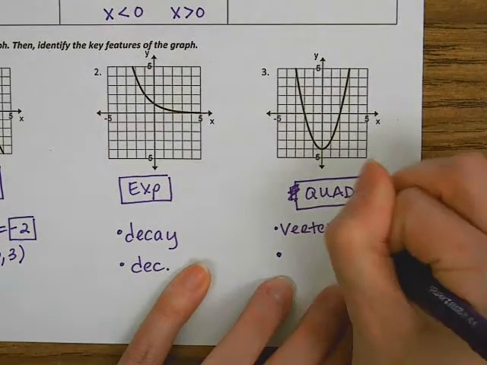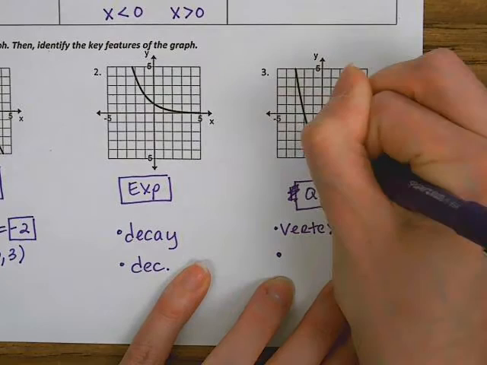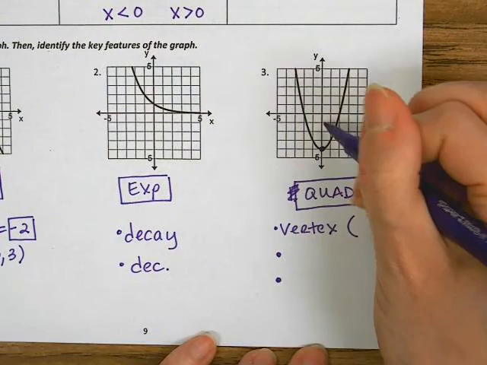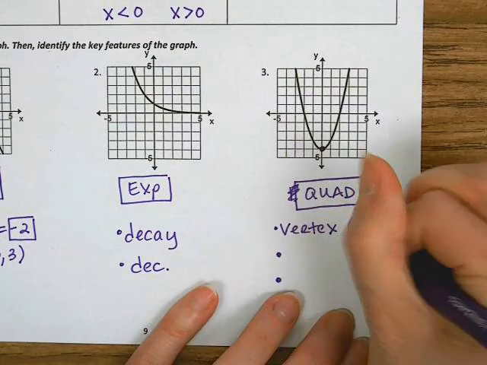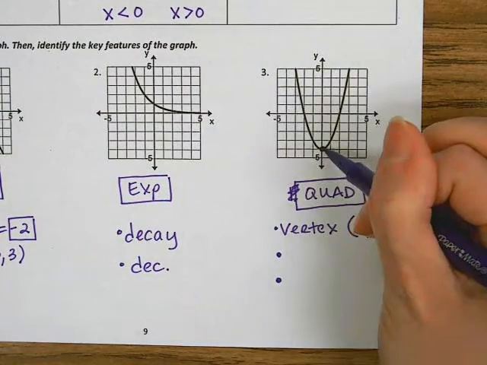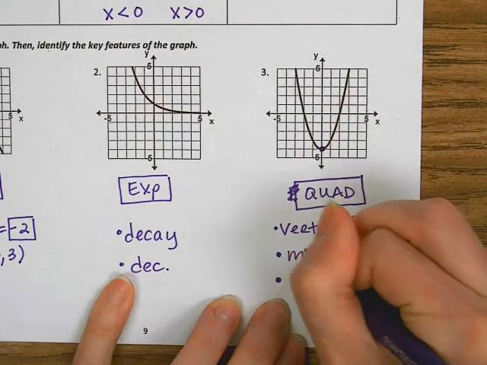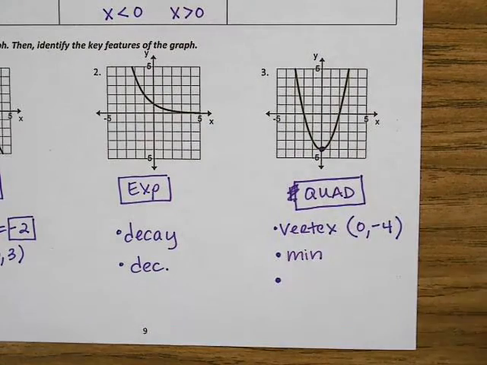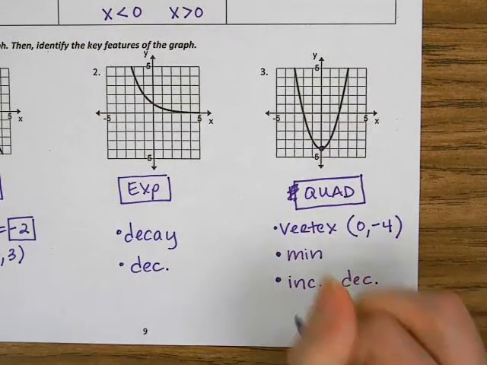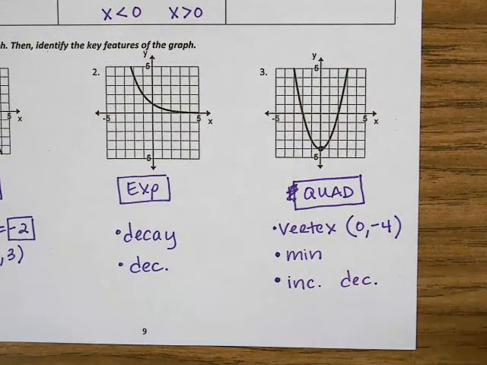Okay, so the vertex is pretty easy to spot. It's the turning point right here. And that is at 0, -4. Because it's at the bottom of the graph, it is a min. And remember, it's increasing and decreasing. We have to find the two intervals.